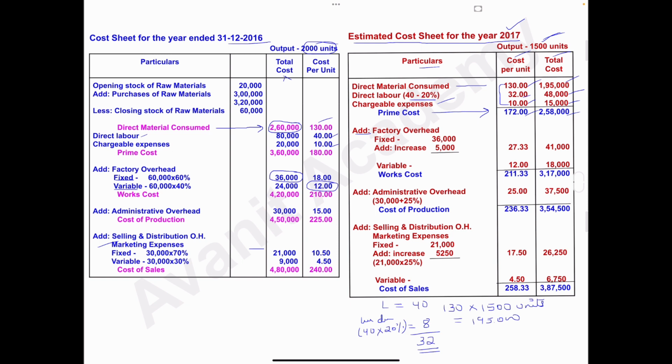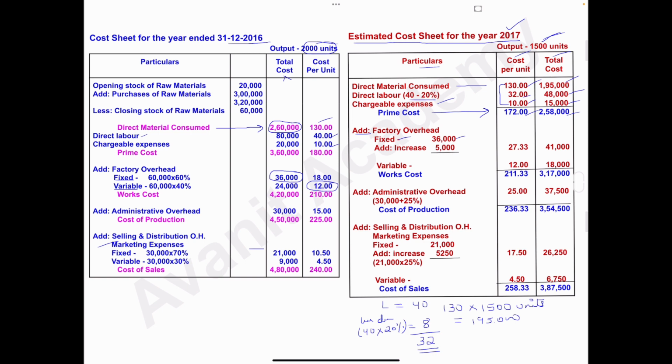Either it is fixed factory overhead, fixed office overhead, or fixed selling and distribution overhead, for fixed overhead you have to refer to the total cost column. For variable overhead, either factory variable overhead or selling and distribution variable overhead, you have to refer to cost per unit. So fixed factory overhead amount is 36,000.